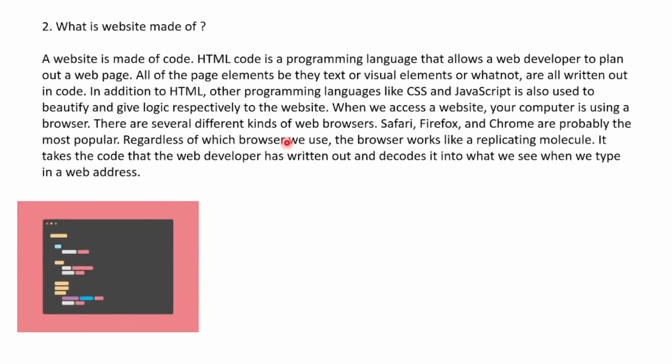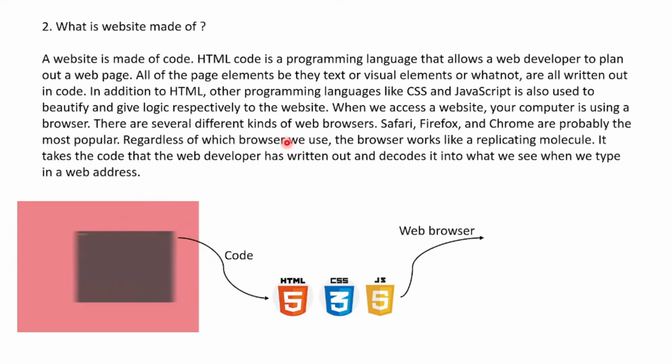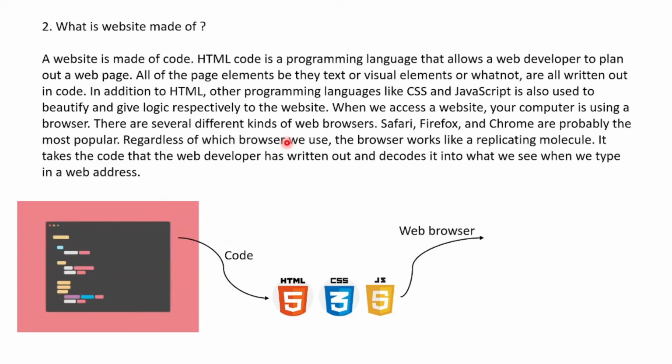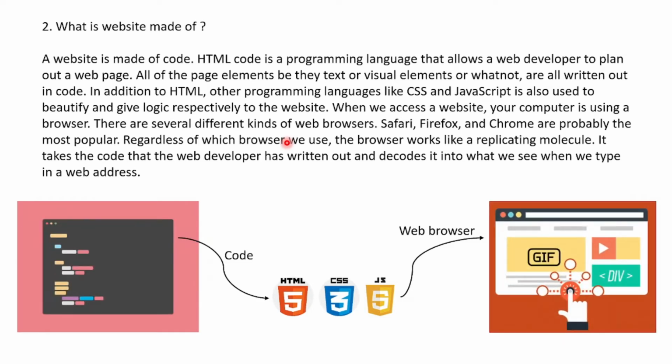We'll use coding as usual, and the coding will be done in three major coding languages, that is HTML, CSS, and JavaScript. Now that HTML, CSS, and JavaScript is decoded, or you can say decrypted, in the web browser that you see then in your display, in your monitor. So web browser actually converts this HTML, CSS, and JavaScript into a readable format and serves it to you in a beautiful way. So now what we have to understand is, what is a domain name?